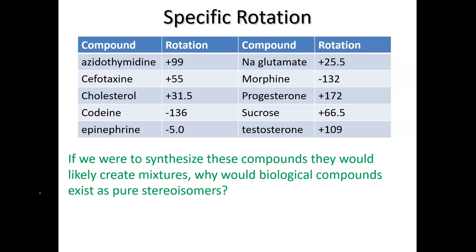Why would biological compounds exist as pure stereoisomers where if we synthesize this, it might be a mixture? So take a moment and write that down. We'll come back to this in class. So keep track of that, and we'll talk about this when we meet up again.